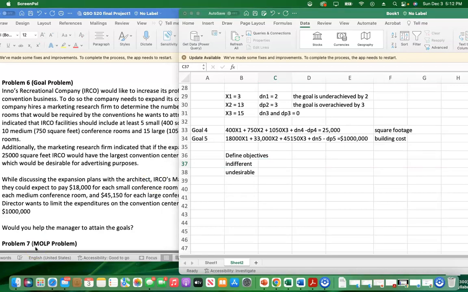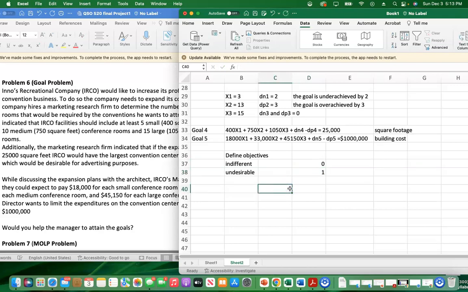Next, we're going to assign weight, and we can assign weight to see how undesirable the outcome can be. However, we don't have to assign weight to indifferent because we are not concerned about it. So in this case, we will assign the weight of 0 for indifferent, and we'll assign 1 to the undesirable.